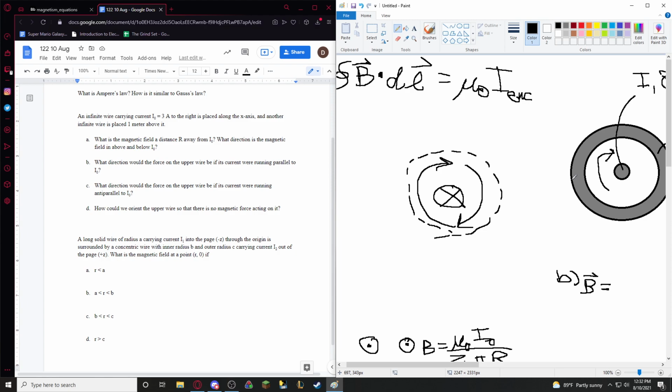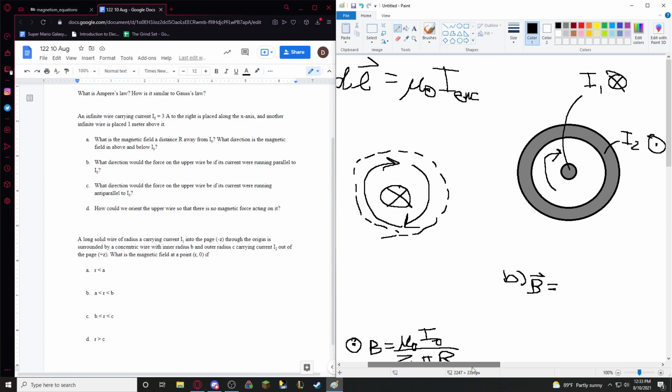The path integral, so it's supposed to be the path of the... I believe it's supposed to be a similar path to how the magnetic field goes. Yep, exactly. Because it's a dot product, it should be the same. I'm just going to draw it here as if it's an Amperian surface. It's a circular path around where the magnetic field is.